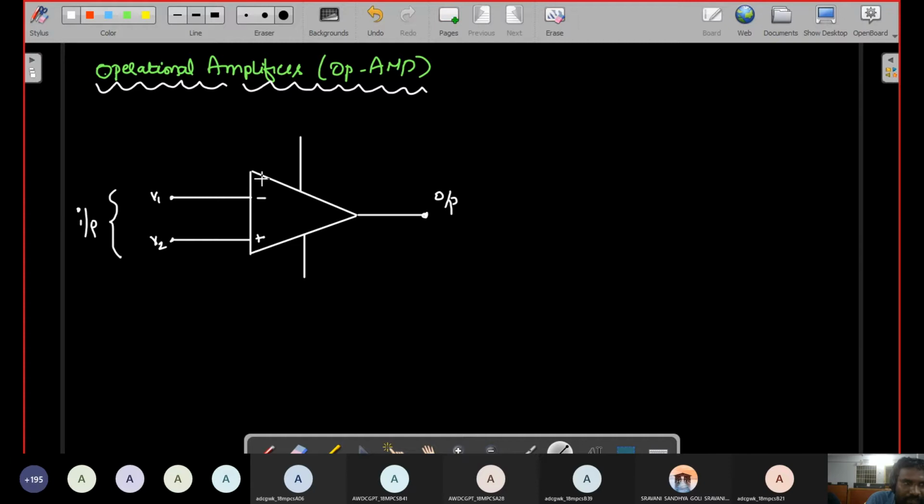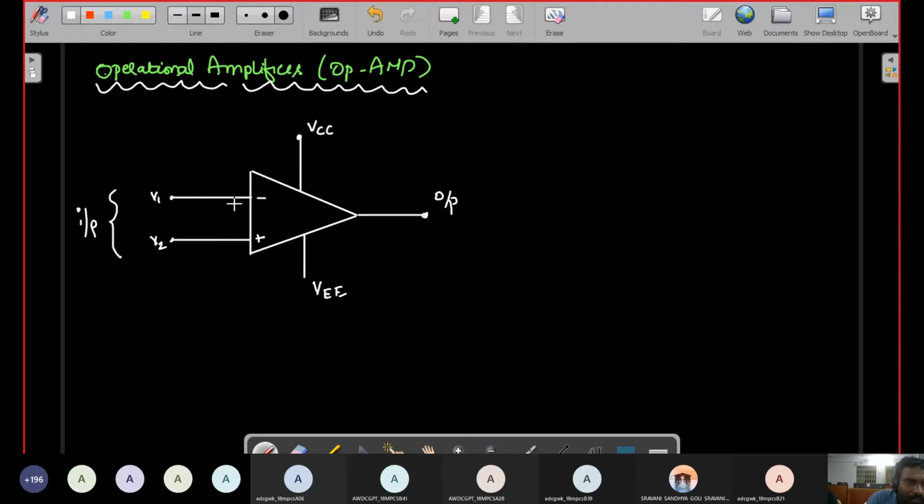Okay, right. So this is nothing but VCC. This is called VEE. Once again I discuss the logic symbol of operational amplifier.